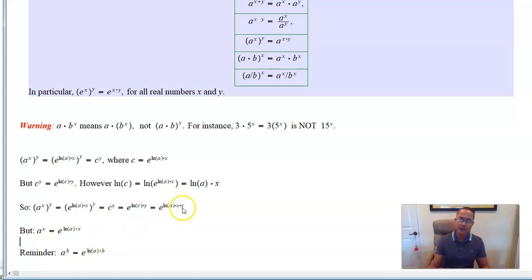We have x times y here instead of just x, so this is equal to a to the power x times y. Aha. x times y is also a real number, so we are taking a to the power x times y. And that's exactly what this property is saying.